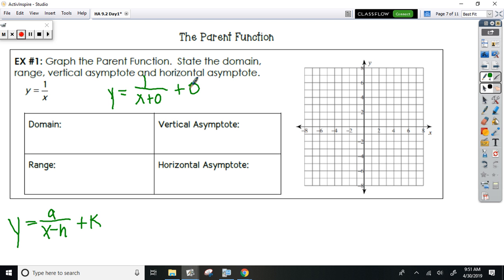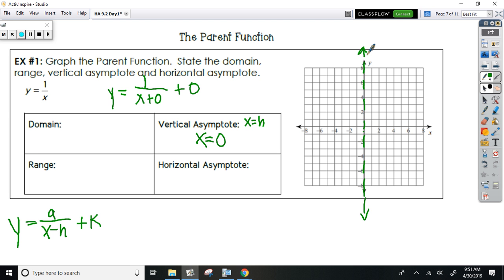So remember, the vertical asymptote will be x equals h. The h value is 0, so this will be x equals 0. So if you go to the y-axis, which is where x equals 0, you can draw a dashed line to show that vertical asymptote. Again, imaginary. When you're graphing calculator, it's not going to show up, I don't think.